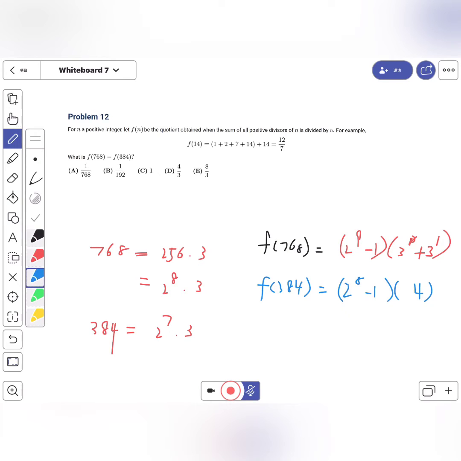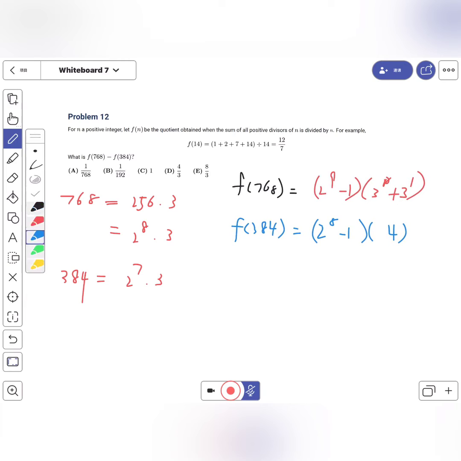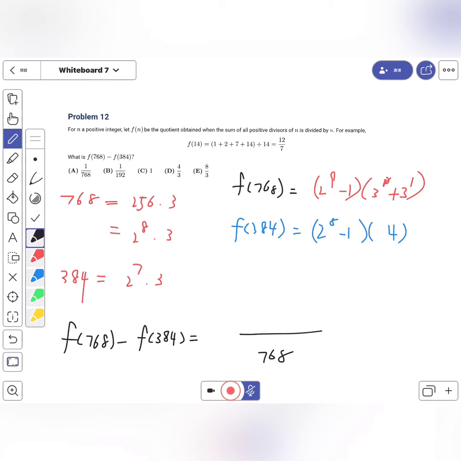So therefore, now we can try to calculate f of 768 minus f of 384. We can make everything in terms of 768, and f of 768 gives 511 times 4, and then minus 255 times 8.